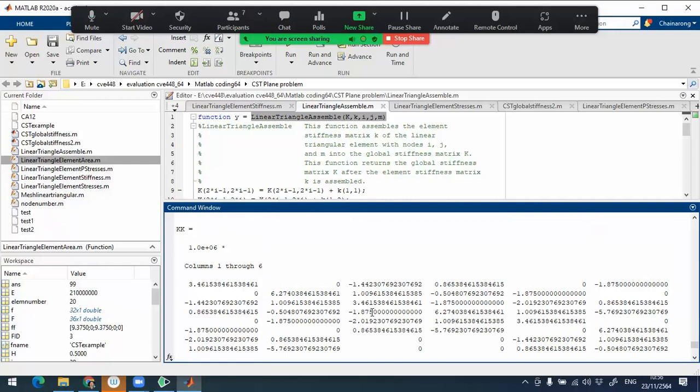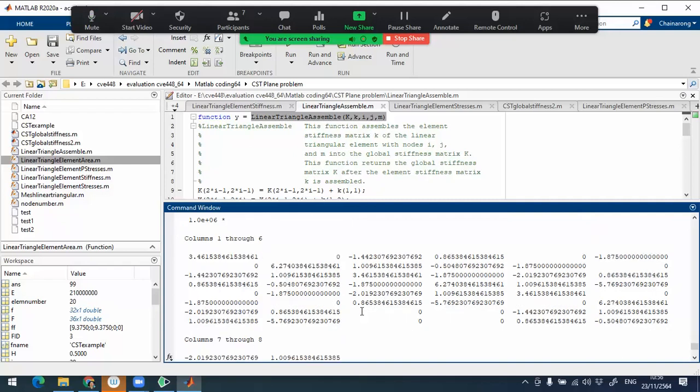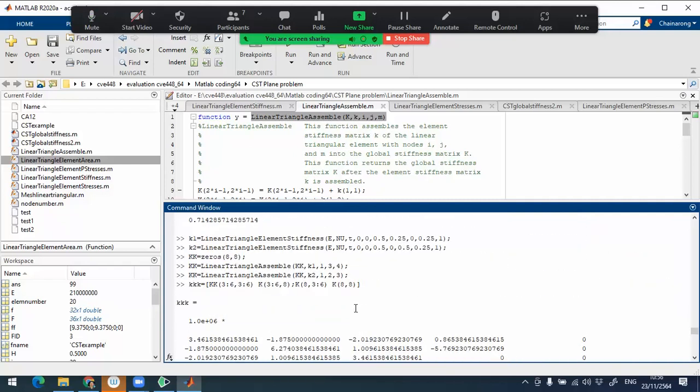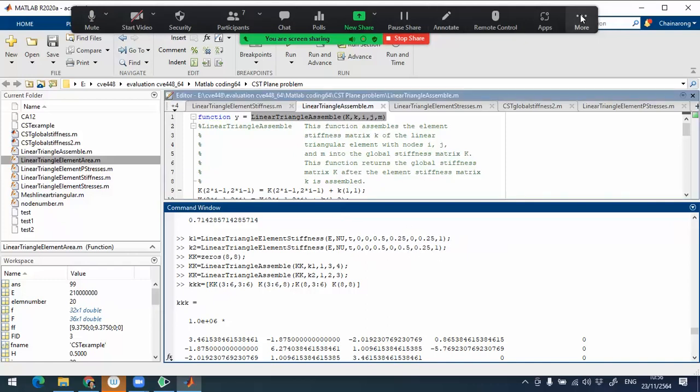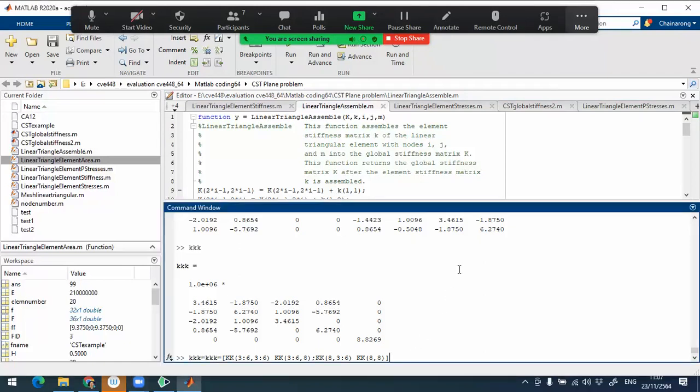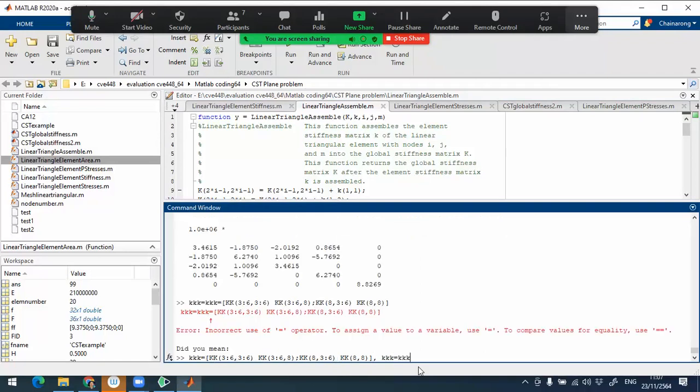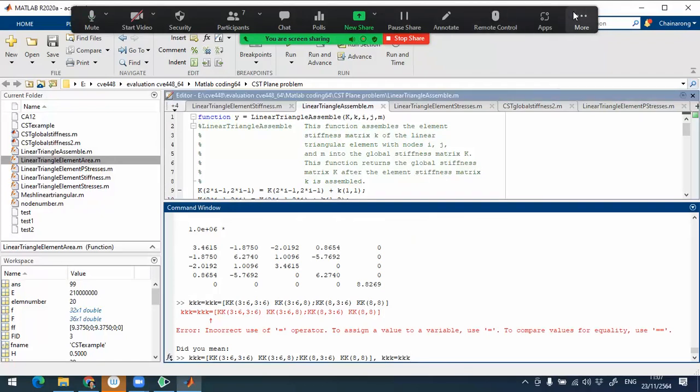Okay, the statement should be all right, right? Then we have a little mistake in identifying the boundary condition. We supply KK instead. Oh, sorry.